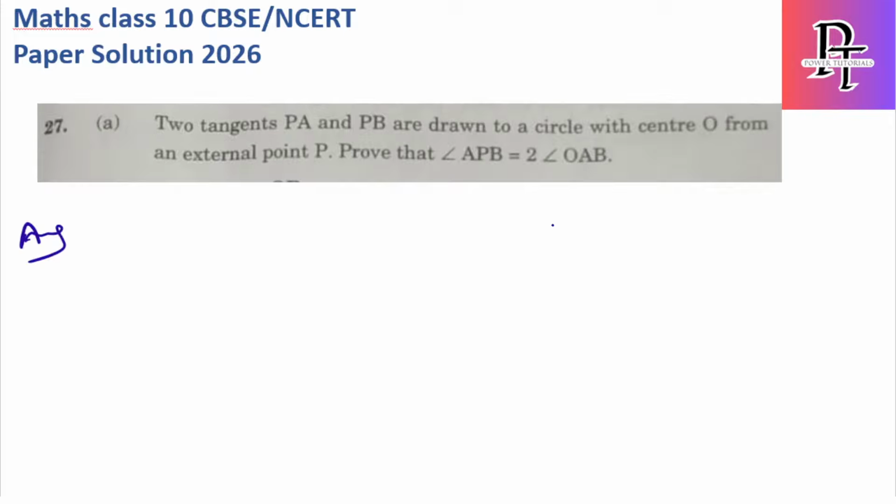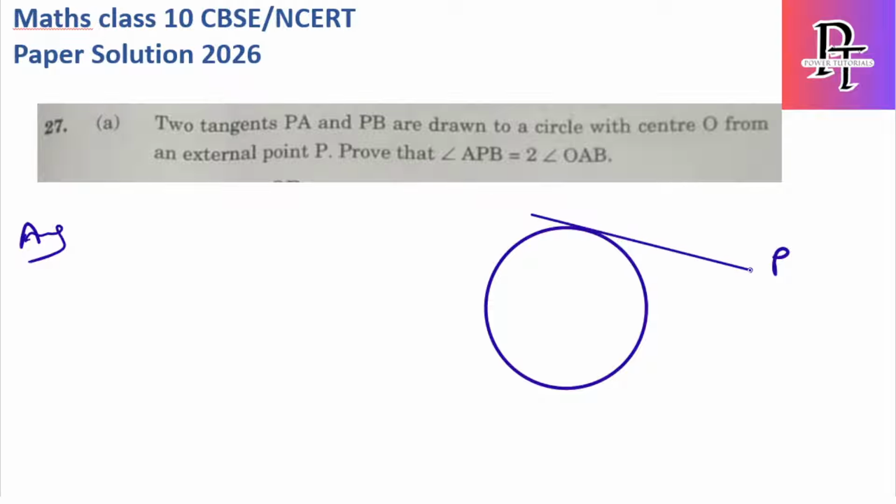Okay, let's solve the A part. Two tangents PA and PB are drawn to a circle centered at O from an external point. For this we first have to draw a circle. Mark point P as the external point. From this we have two tangents, PA and PB.